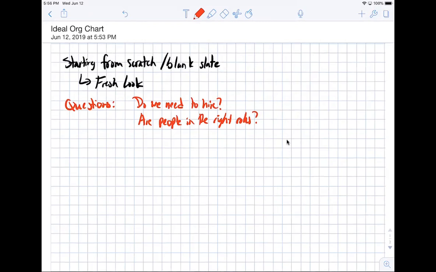So do we need to hire? If so, what positions do we need to hire next? And the last thing is, do we need to let anyone go?